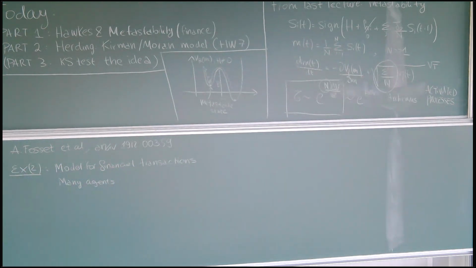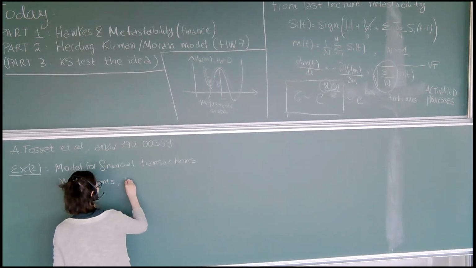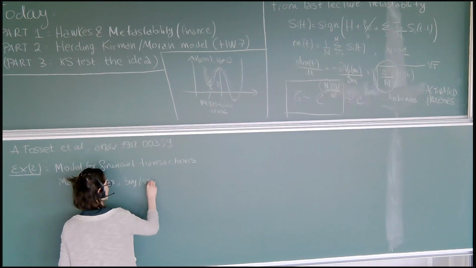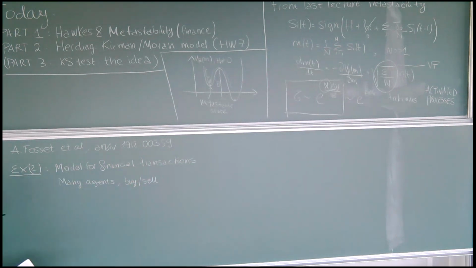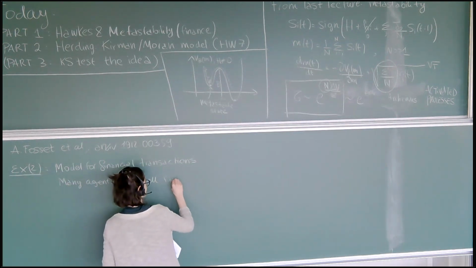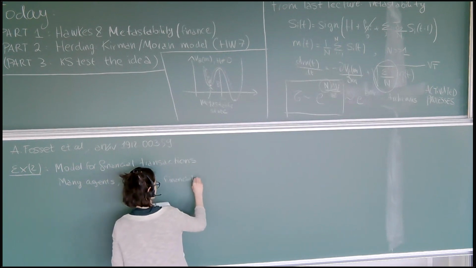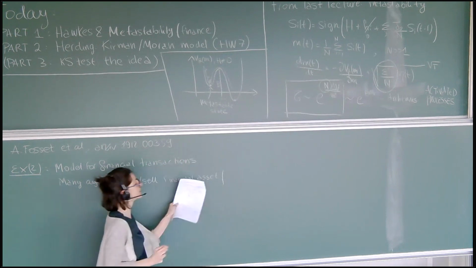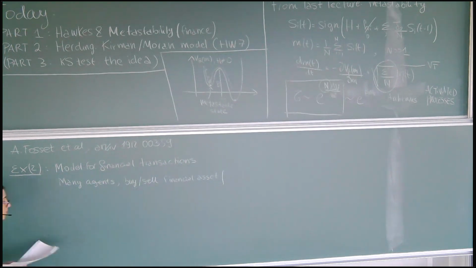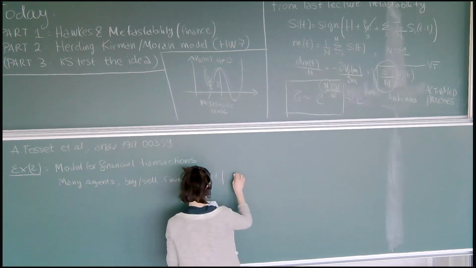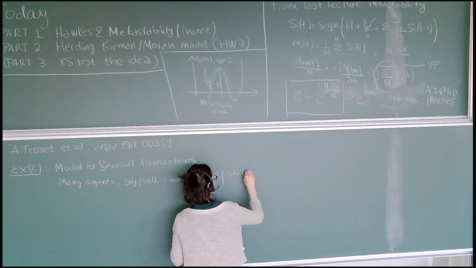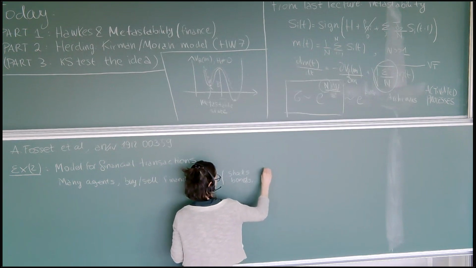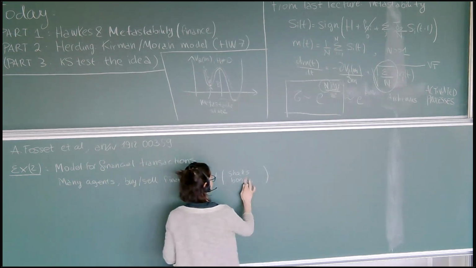And these agents want to exchange a given financial product. So they want to buy or to sell some financial asset. It doesn't matter what this is. So for us, it will be something that they want to either buy or sell. So this can be stocks, bonds, whatever you can think of.